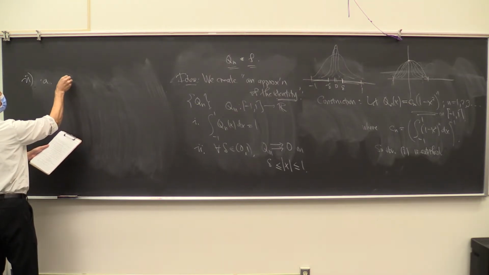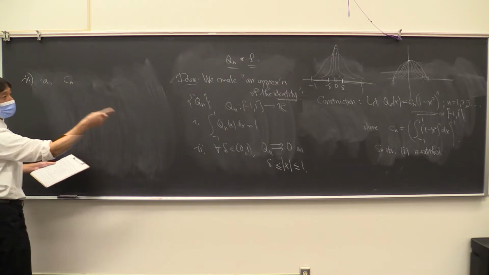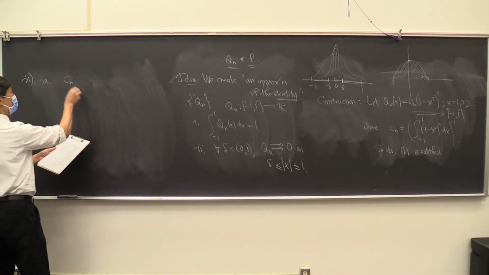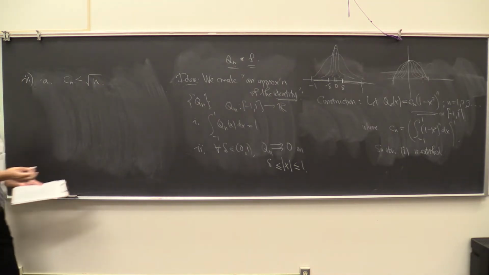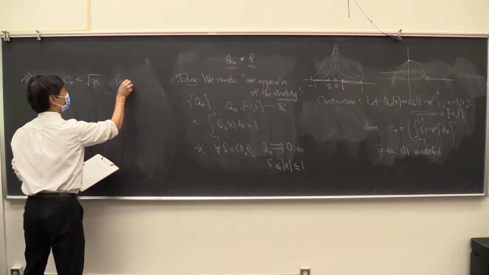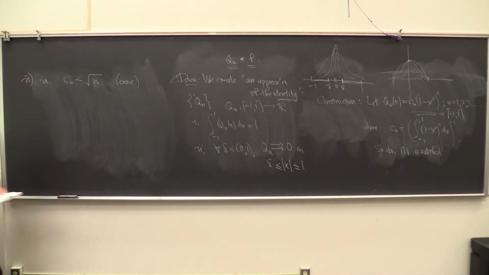The first is to see that if you actually calculate that integral, then Cn is smaller than the square root of n. I just leave that as an exercise. That's a calculus exercise. You just need to integrate that thing.